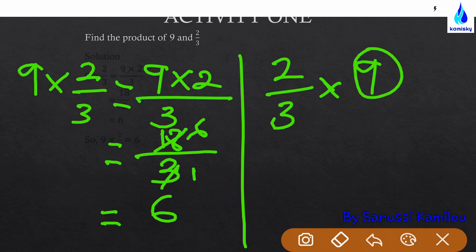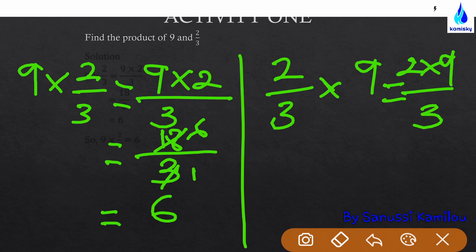This is the whole number and this is the numerator. So we shall do 2 times 9 out of 3. It is giving us 18 out of 3, which will give us what? 6. The same answer. That's why we said that multiplying a whole number by a fraction is the same as multiplying the fraction by a whole number.